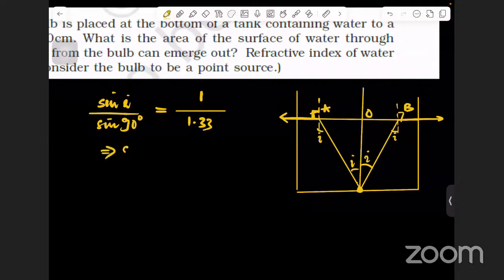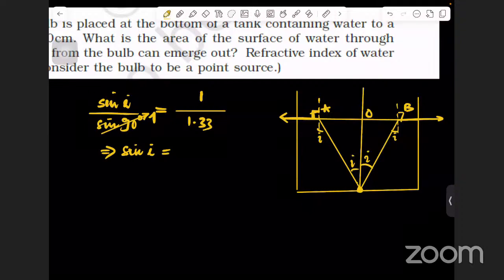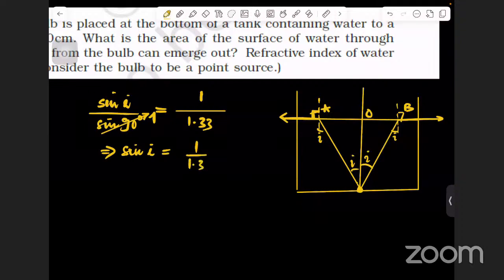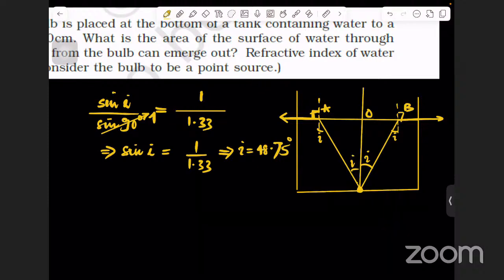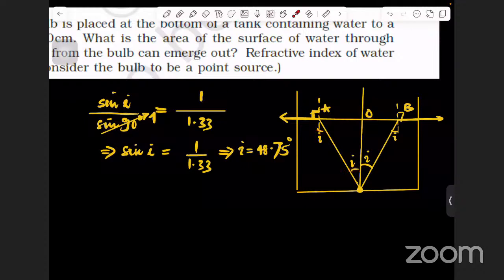So from that, I can easily find sin I. Sin 90 is 1. Sin I is 1 over 1.33, right? So that implies I equals 48.75 degrees. So if this I is 48.75, this I will also be 48.75.